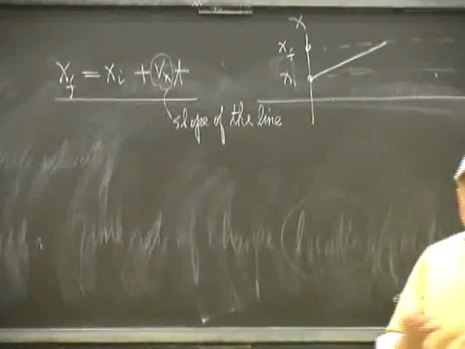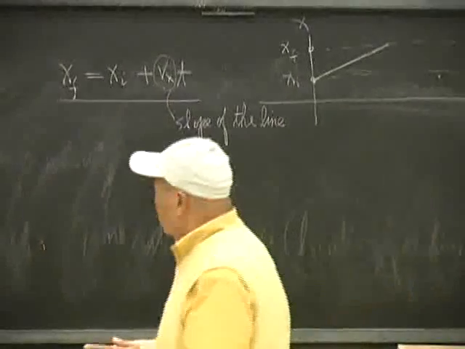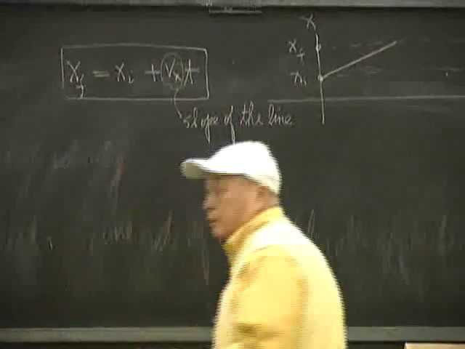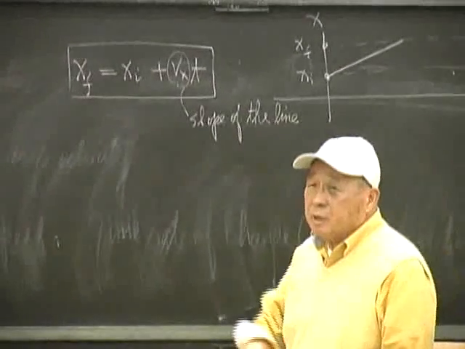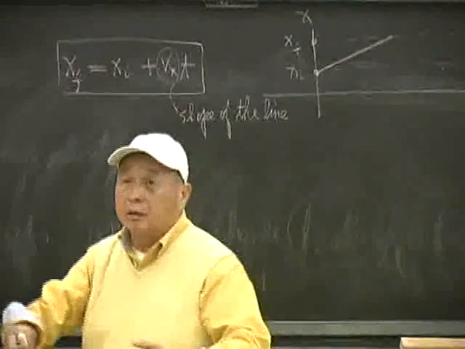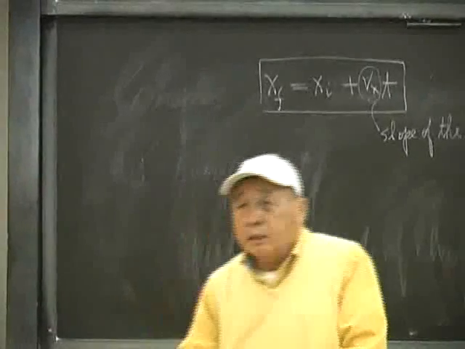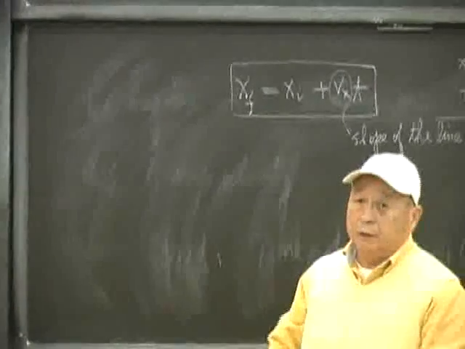So this gives you a very important idea. Suppose we have another situation. Suppose we're driving a car on the freeway. Then the position keeps changing and the time keeps changing.